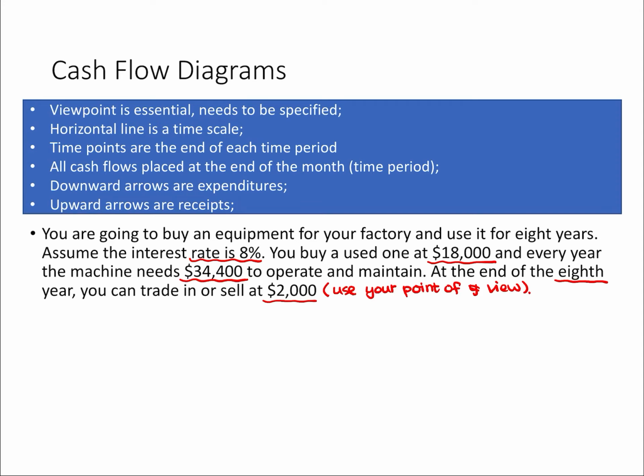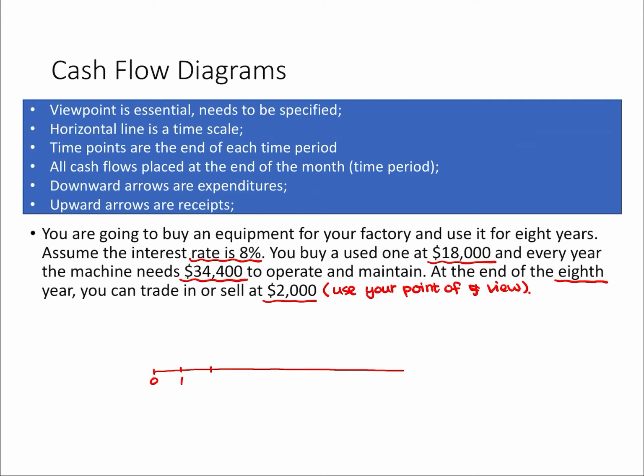And now the first thing is, because there are 8 years, right? So your timeline will be from 0 to 8. So 0 means the beginning of the first period. And 1 means the end of the first period. In our case, the period is a year.